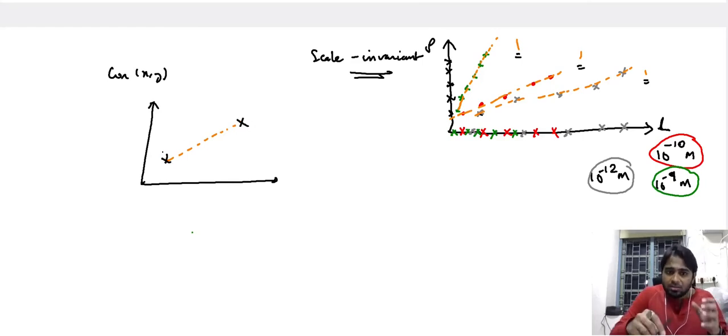These 2 points can be connected by a straight line, and this straight line is what describes the covariance. So when I have just 2 data points, the correlation is always 1.